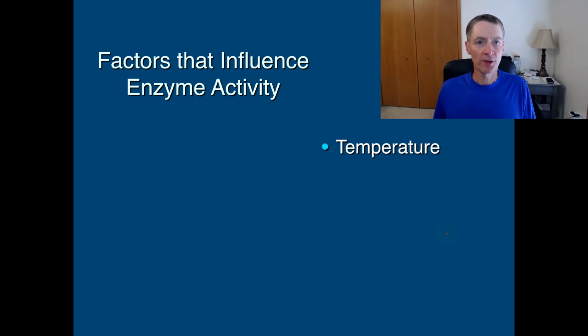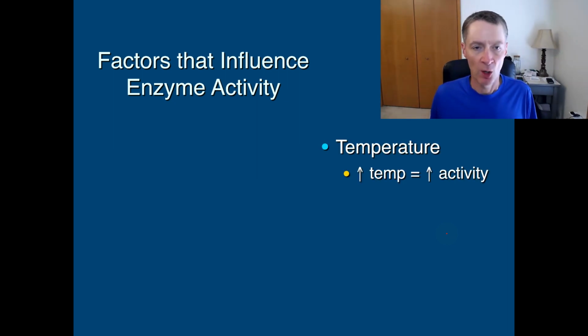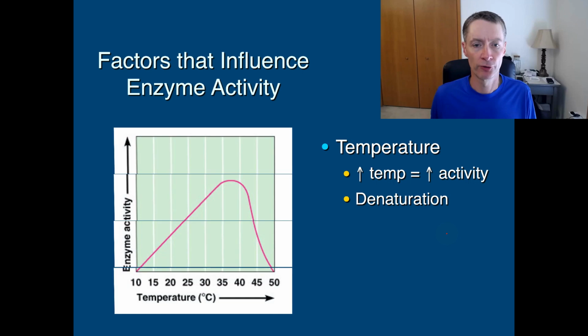Now, we also want to know some of the factors that influence enzyme activity. One of the factors would be temperature, right? In general, as we start to add heat to a situation, enzymes move faster. The substrates move faster, the enzymes move faster, all molecules do.